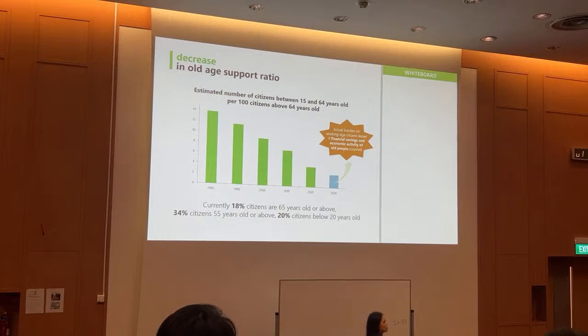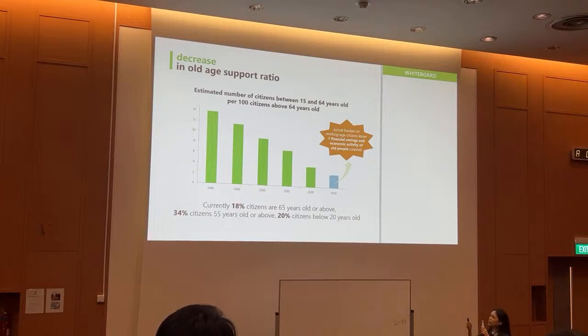There is also another ratio called the old age support ratio, which gives a similar trend to the one on the previous slide. The old age support ratio is defined by this. It basically says that you would have fewer working adults per unit of older people.